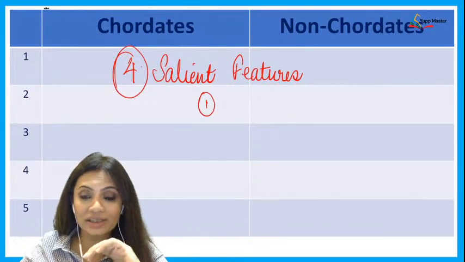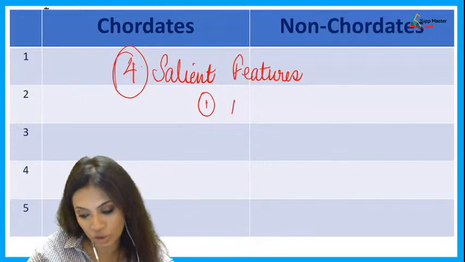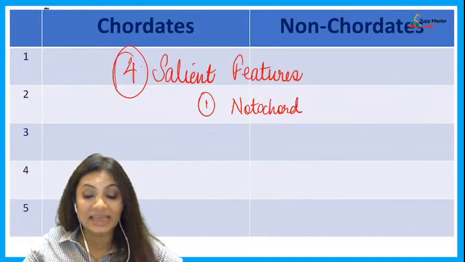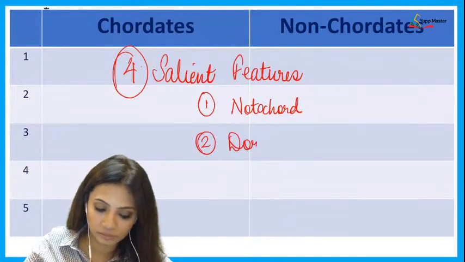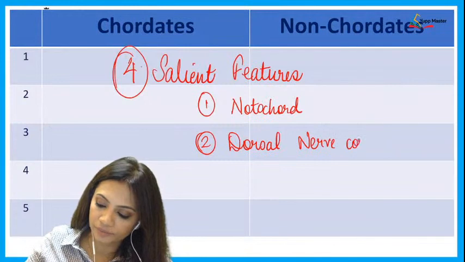How do you know that this animal in front of you is a chordate? First of all, there has to be the presence of a notochord. Second, there has to be a dorsal nerve cord.